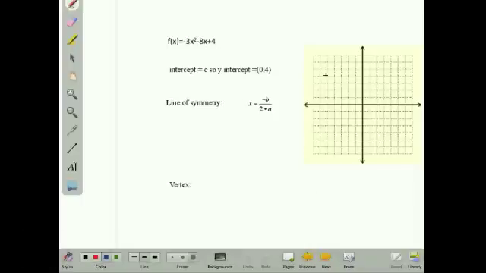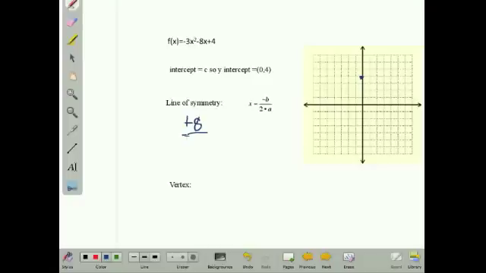My y-intercept is a positive 4. It's going to be right there. Negative b over 2a. My b is already negative, so a minus a negative is going to be a positive. So the line of symmetry is going to be a positive 8 over 2 times whatever my a is.